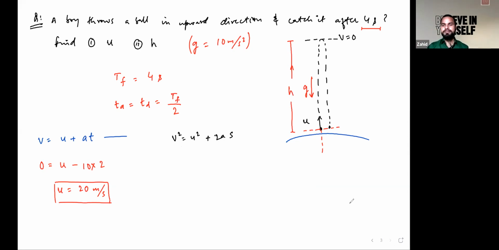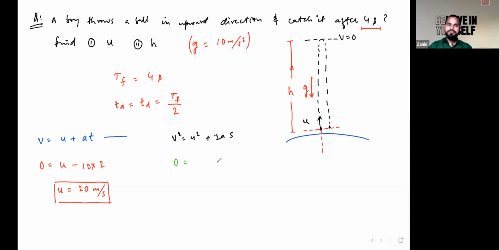Good graph. Put all these values in this equation, v at the highest point should be 0.